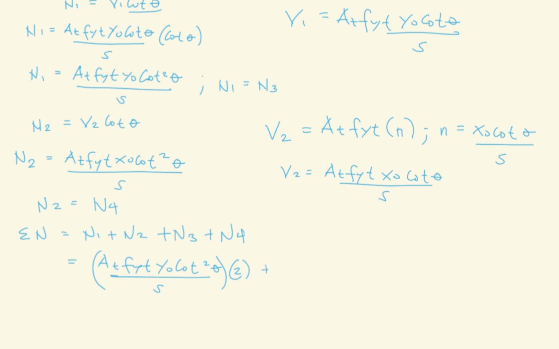The same is true to N2 and N4. N2 is At fyt x sub o cotangent squared theta divided by s multiplied by 2.